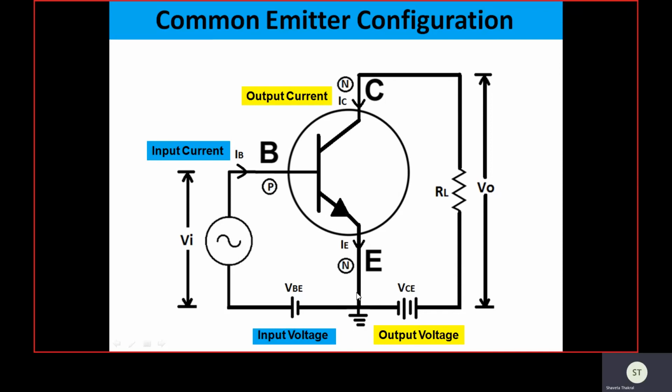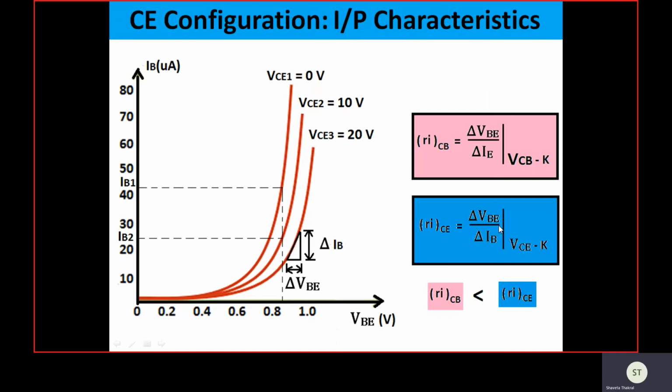So we have two graphs: VBE versus IB, keeping VCE constant, and the second graph, VCE versus IC, keeping IB constant. Here we can see the input characteristics of common emitter configuration, that is a plot between VBE and IB, keeping VCE constant.